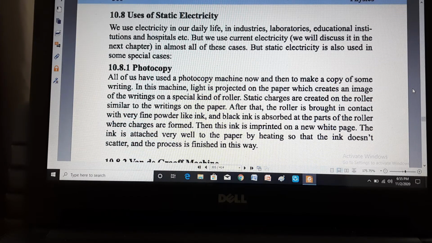Then this ink is imprinted on a new white page. The ink is attached very well to the paper by heating so that the ink does not scatter, and the process is finished in this way.